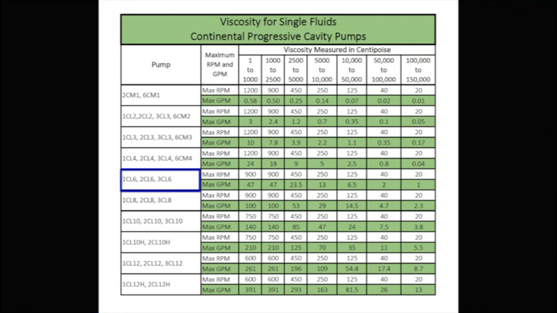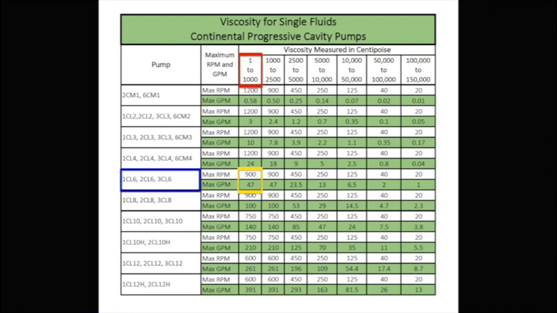And we're going to slide right over to where, in the upper right hand corner, it says viscosity in centipoise. Then we're going to go to where it says 1 to 1000, and slide down to the CL6, and you're going to see there that the maximum RPM that pump can run at that viscosity is 900 RPMs. The maximum flow you're going to get is 47 gallons a minute.